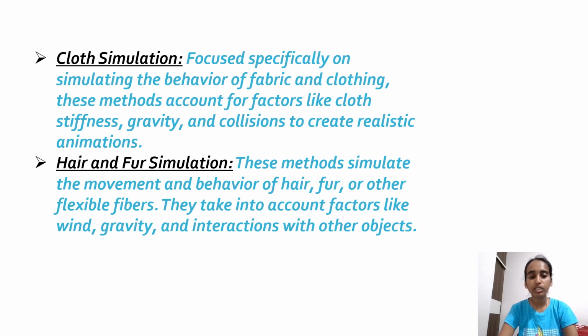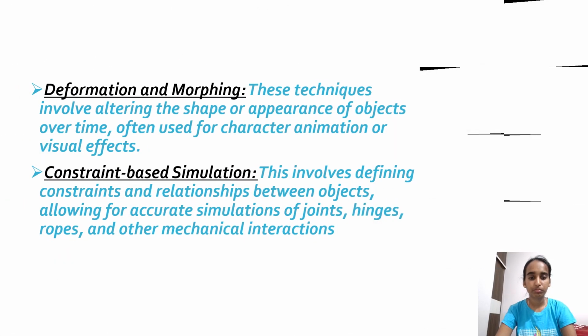Hair and fur simulation. This method simulates the movement and behavior of hair and fur or other flexible fibers. They take into account factors like wind, gravity, and interaction with other objects. Deformation and morphing.